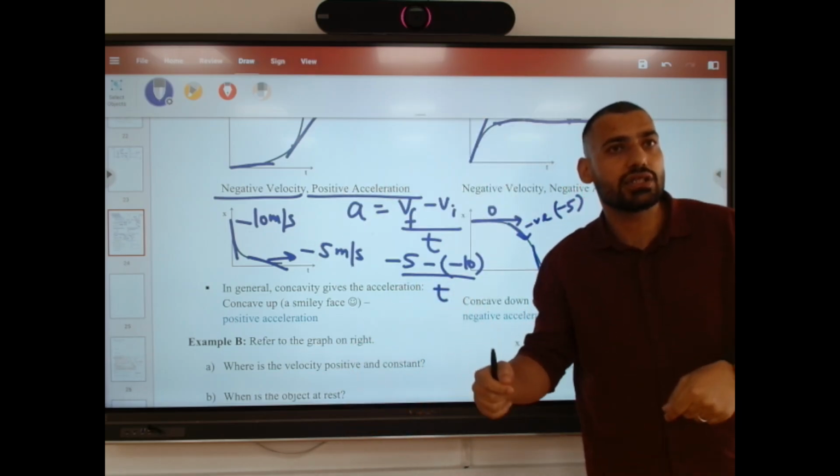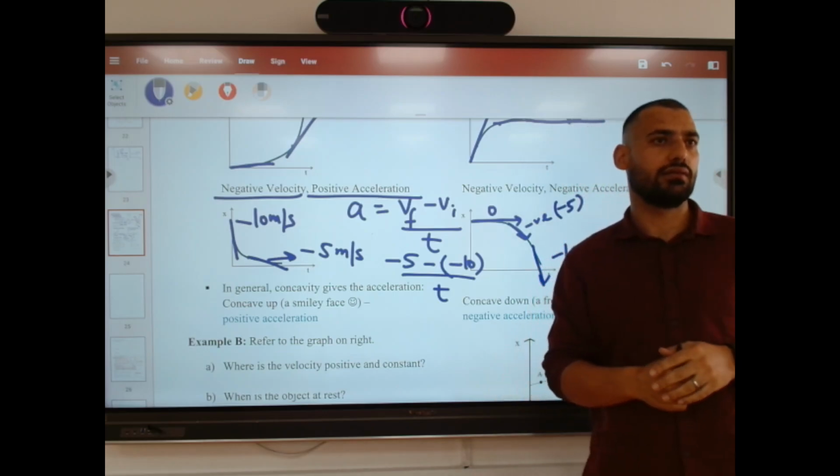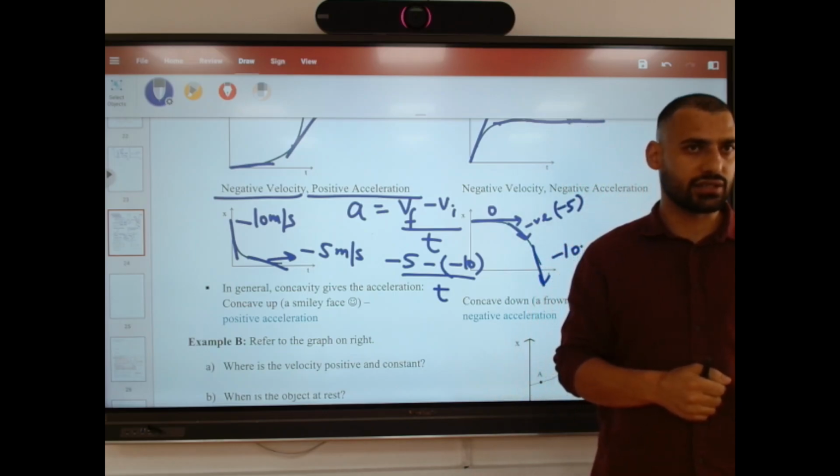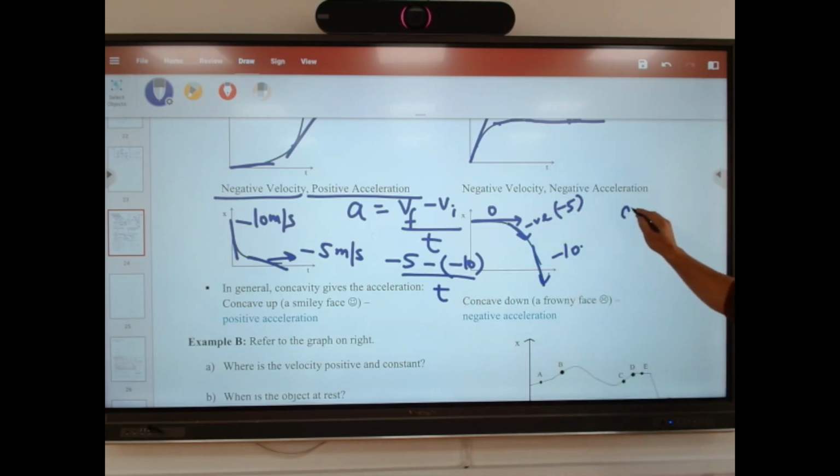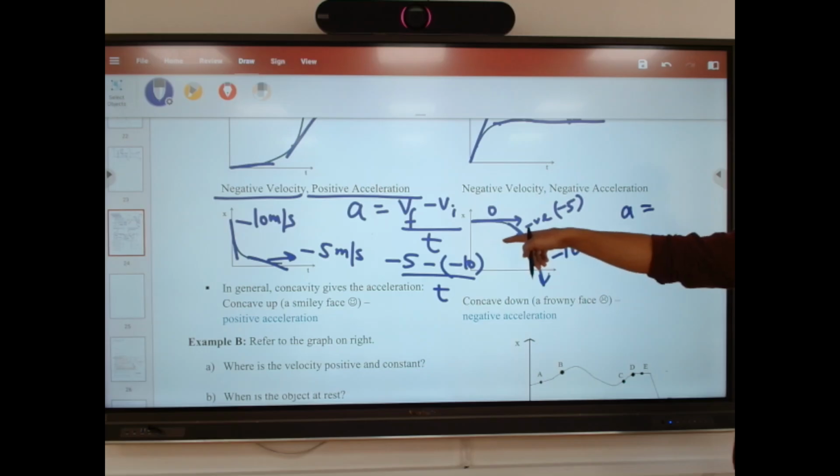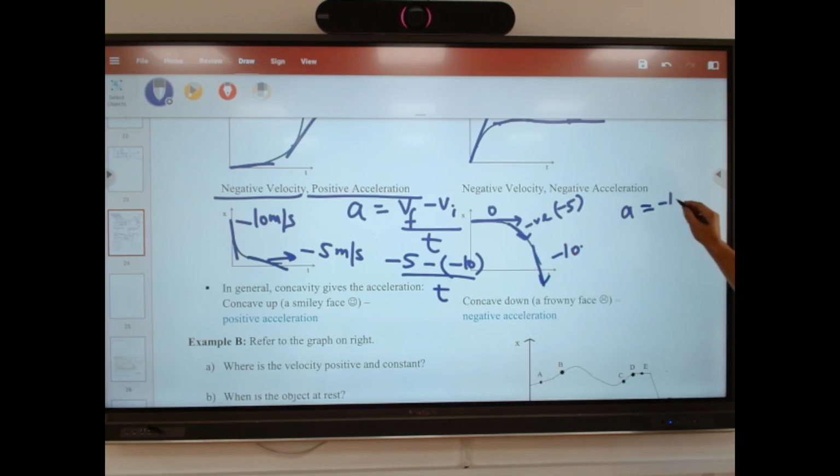Is it retardation or is it acceleration? You have to check the acceleration, right? How do you check the acceleration again? Final minus initial. What is the final value? Negative 10. And then subtract from it what? Negative 5, isn't it? And then divide by time, correct? So the answer would be negative 10 plus 5.